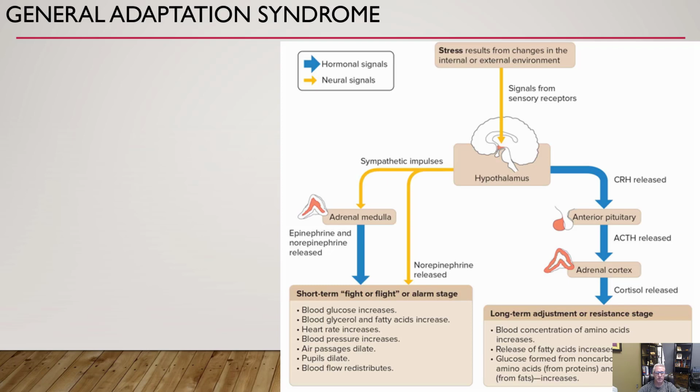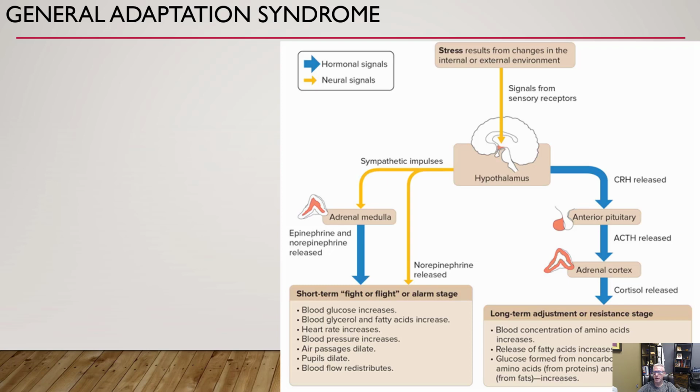Then we have the short-term fight or flight alarm stage. Blood glucose increases. Blood glycerol and fatty acids increase, your heart rate increases, your blood pressure increases, your air passages dilate, your pupils dilate, your blood flow redistributes.